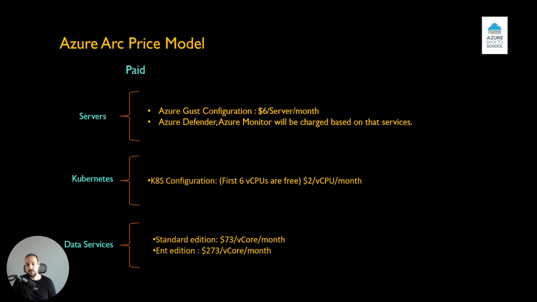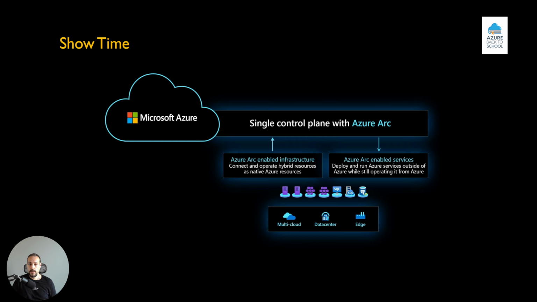So for example, for Defender for Cloud, you have to calculate it based on that. You do not need to be worried about additional costs for a specific connection for Azure Arc. So, showtime.